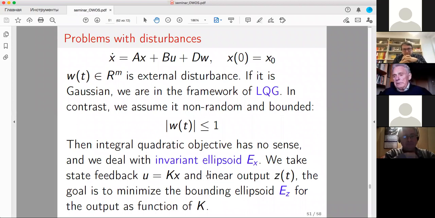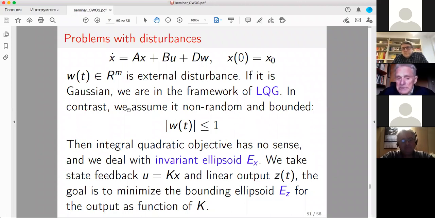And one more, the last problem. Until now, we had a control problem with no disturbances. Now we assume there are some disturbances here. If W is stochastic, Gaussian, then there are no problems: it's the well-known so-called LQG, linear quadratic Gaussian problem. It can be solved with no problems.